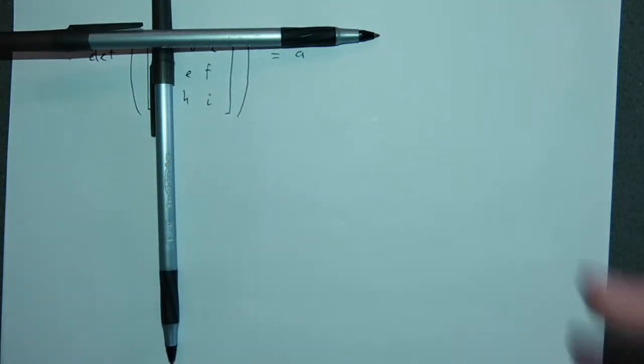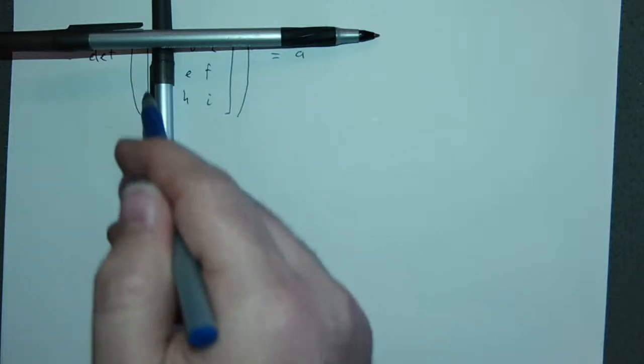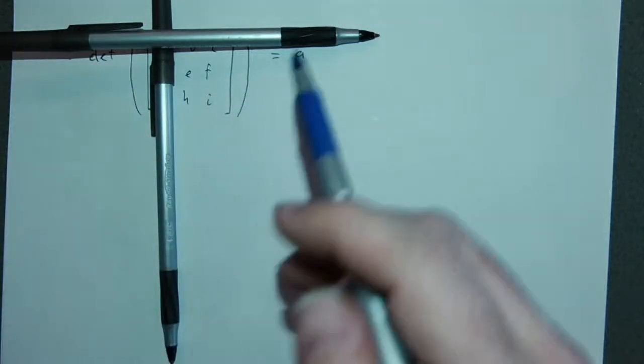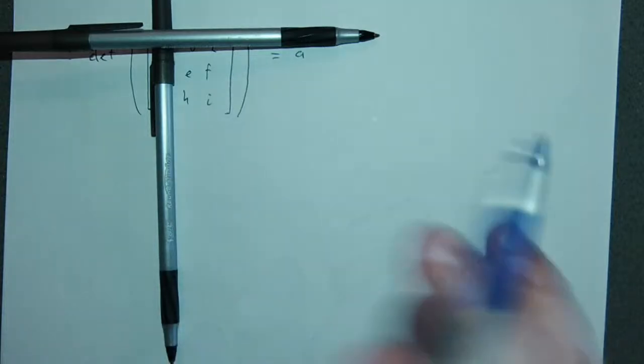This is called a cofactor matrix. You don't have to remember that. The way that I determine this, however, is I look at that first entry and I cover up the column that it's in and the row that it's in. Now, we're always going to be covering up the first row. There's other ways to compute the determinant. Don't worry about that.